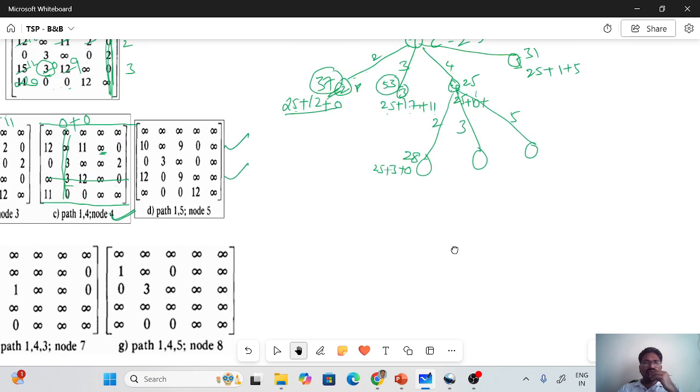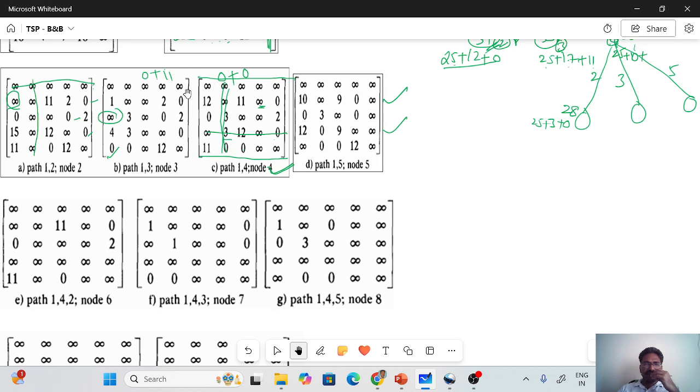So then go for the next node. What is this one? 4 to 3. For the same, I am going to consider 4 to 3. So what is the value of 4 3? 12. So previous 25 plus 12 plus, nothing but 4th row, 3rd column, 4 3 and 3 4, infinite.